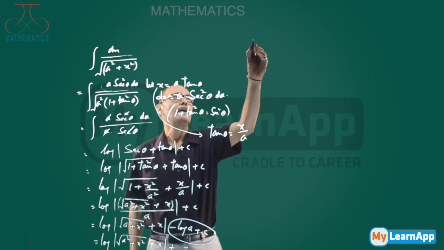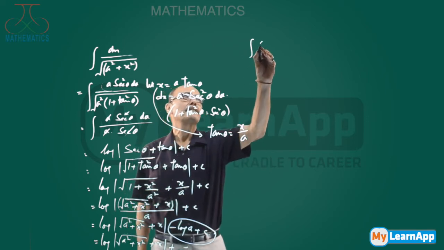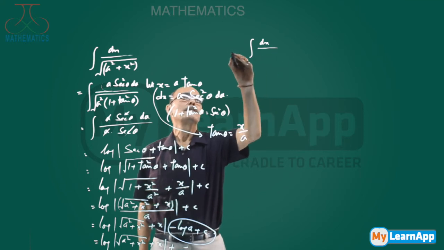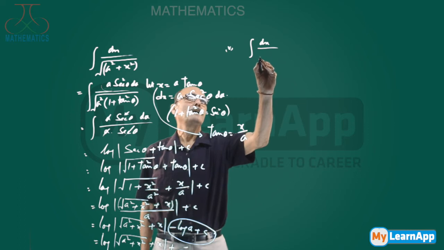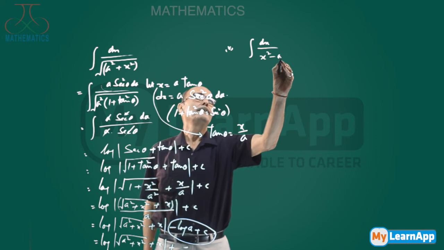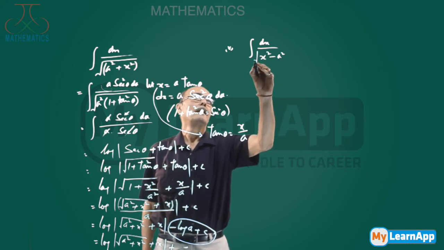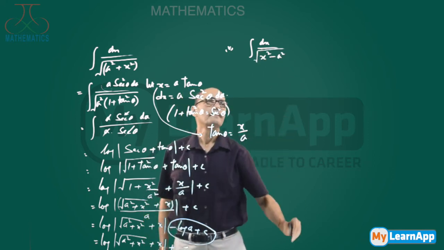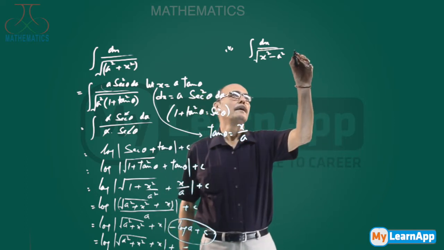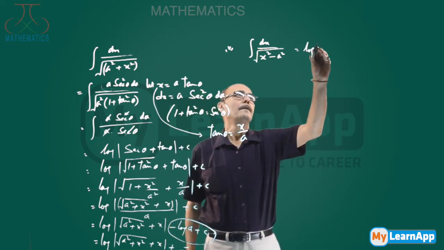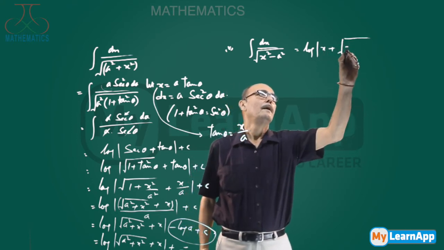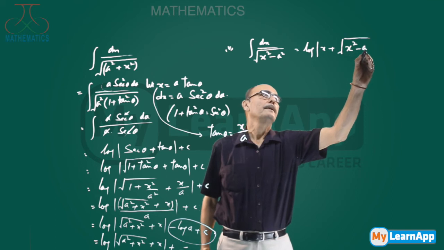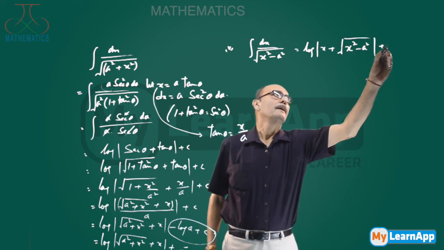Of similar type, we have the integral dx, this is the fifth result, upon under the root x square minus a square, which is log of x plus under root x square minus a square plus c.